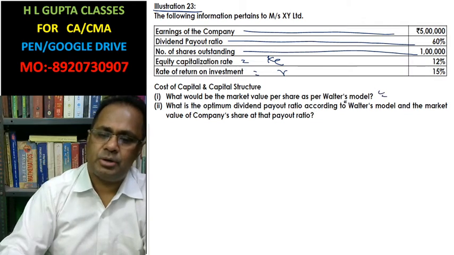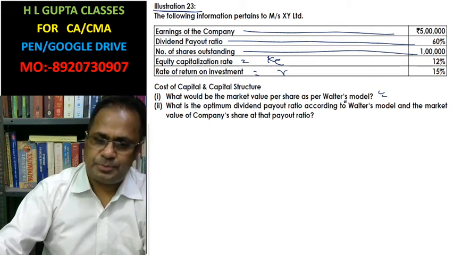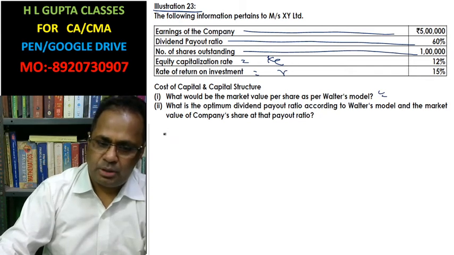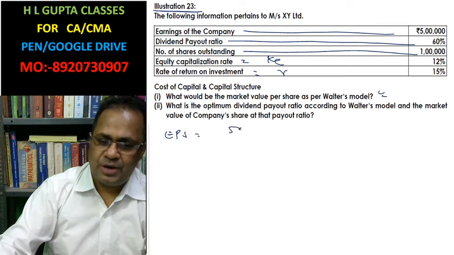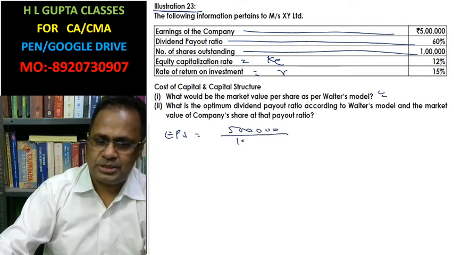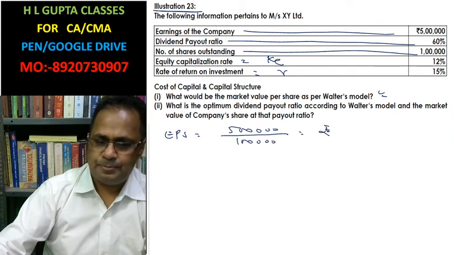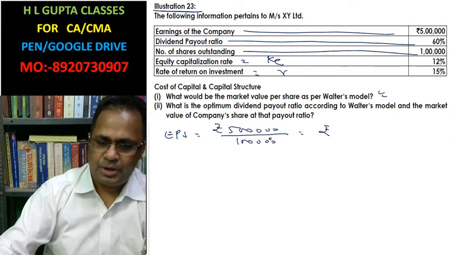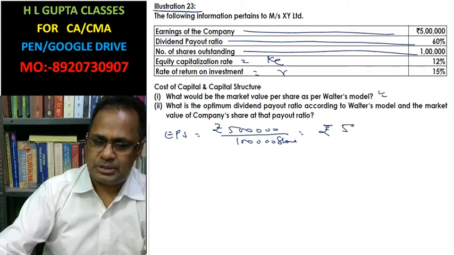We have to calculate the market price per share. In this case, the dividend payout ratio is 60%. EPS: total earnings are 5 lakh, and the total number of shares is 1 lakh, so EPS is rupees 5 per share.